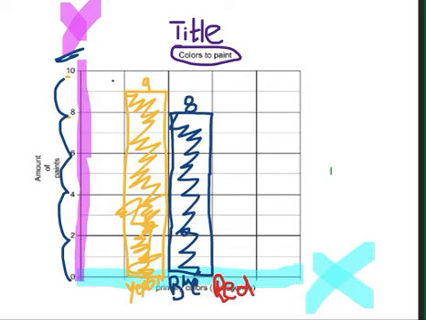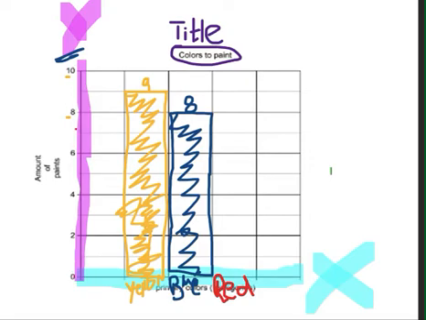And then finally I had red, which I think I had the least amount. I had 7 reds, but I don't see 7 on the y-axis. I see 0, 2, 4, 6, 8, 10.